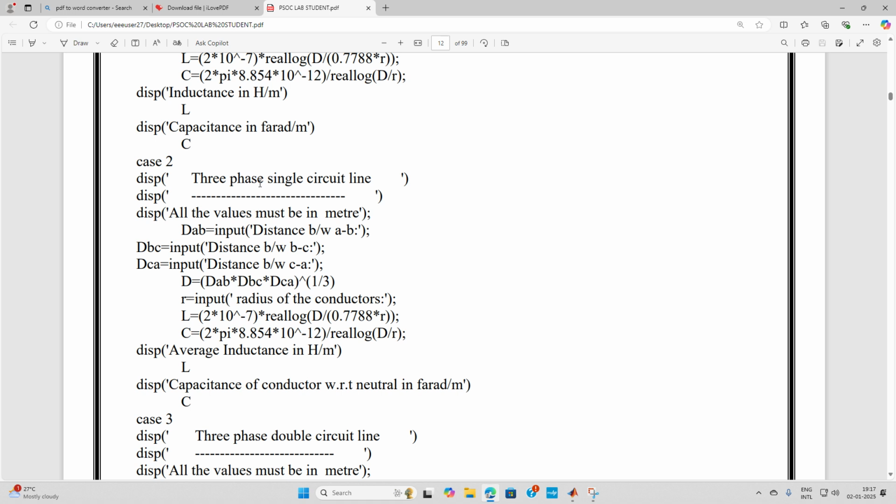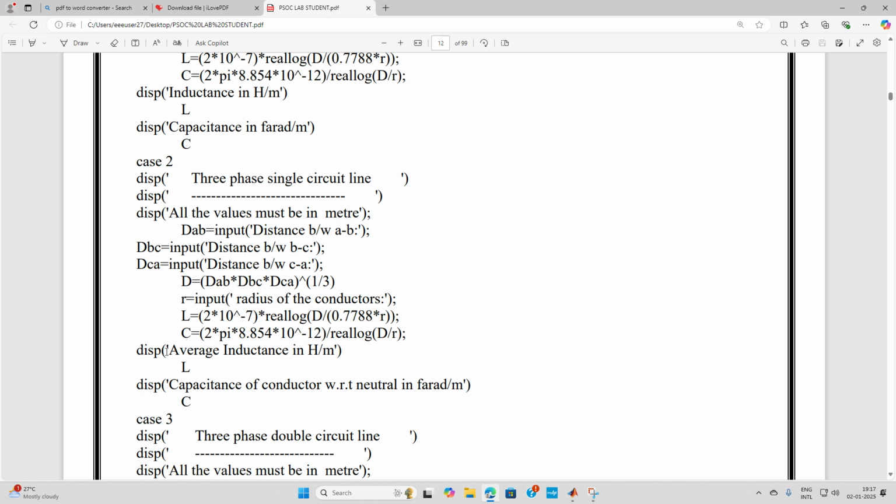L is equal to the formula. Again we type the formula for the three phase single circuit: 2 into 10 power minus 7 ln D by 0.7788 into R. We are going to find the inductance value using this formula. Similarly, the capacitance value C is equal to 2 into pi into 8.854 into 10 power minus 12 divided by ln of D by R. Next, display.